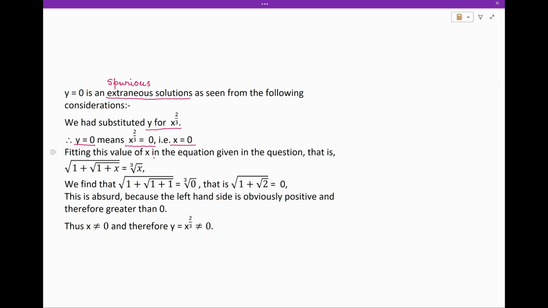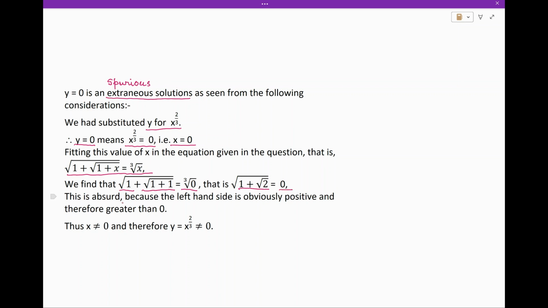Fitting this value of x in the equation given in the question, that is square root of 1 plus square root of 1 plus x is equal to cube root of x, we find that square root of 1 plus square root of 1 plus 1 is equal to cube root of 0, that is square root of 1 plus square root of 2 is equal to 0.